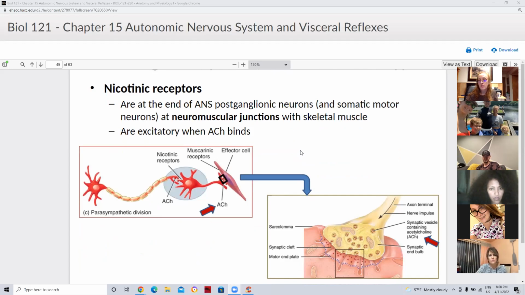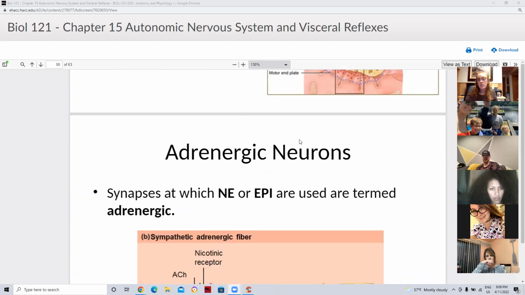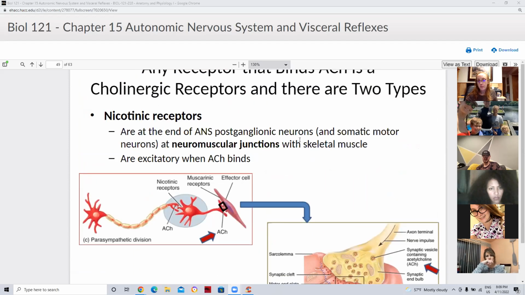Always excitatory. Questions? So nicotinic and muscarinic receptors are both going to bind acetylcholine. And the synapses where you find these two receptors, because they bind acetylcholine, are called cholinergic synapses. Just to summarize here.